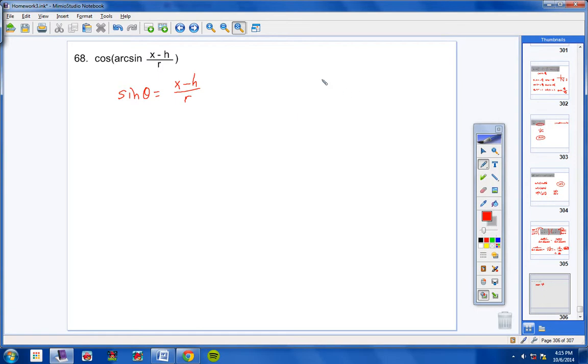Now, I'm going to go ahead and draw my triangle here, okay? And here's theta. Now, opposite over hypotenuse, so opposite would be x minus h, and hypotenuse would be r. So using Pythagorean's theorem, I'm now going to solve for this leg right here, okay?